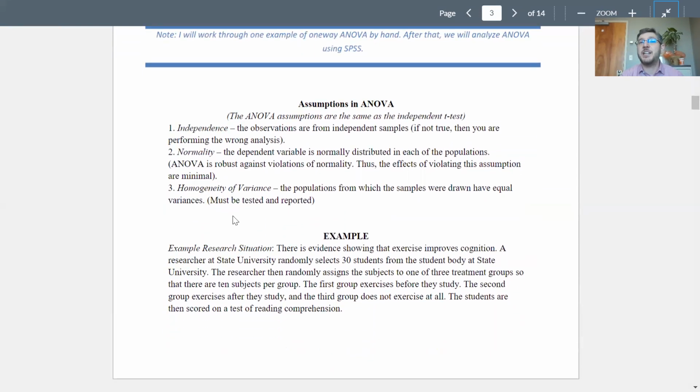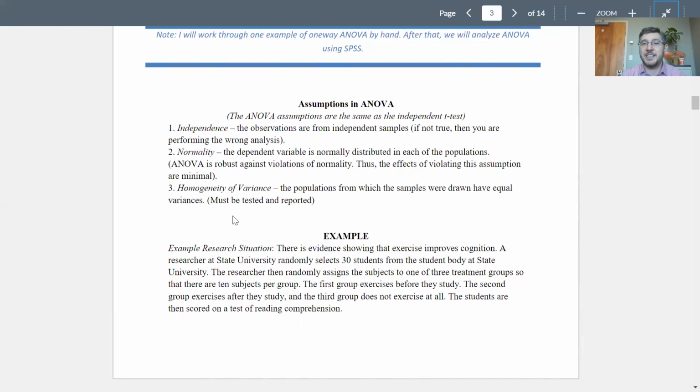In the notes here, I'll walk through an example. I compute the ANOVA by hand. I'm not expecting you to actually compute an ANOVA by hand. For the data analysis assignment, we're going to use SPSS. If you want to do it by hand for the assignment, that's fine, but it's not required.